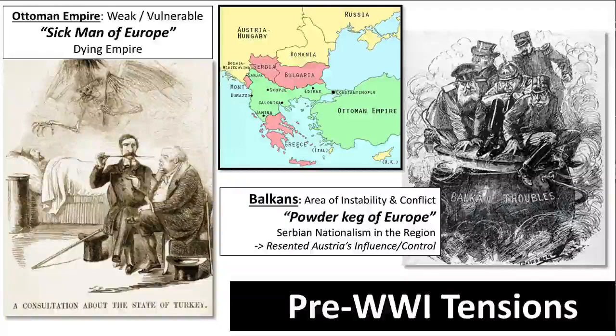These are areas of the world that had been under the control of the Ottoman Empire, or some of these ethnic groups were under the control of the Austrian Empire, but really it's the Ottoman Empire here.